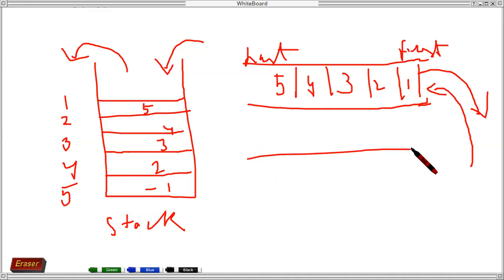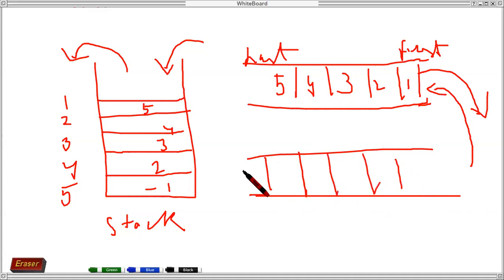If I just reverse the diagram, just change the diagram in a different fashion, you have 1, 2, 3, 4, 5. That means my entry is happening from this particular end.